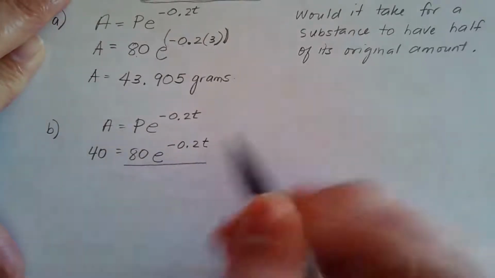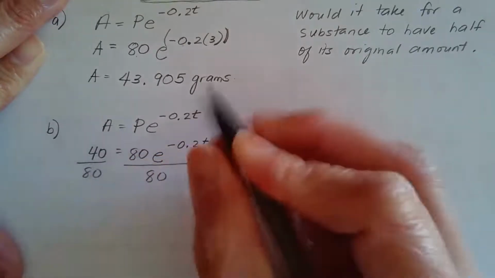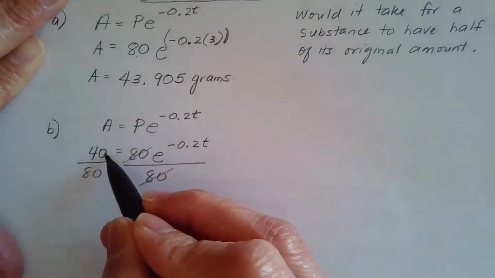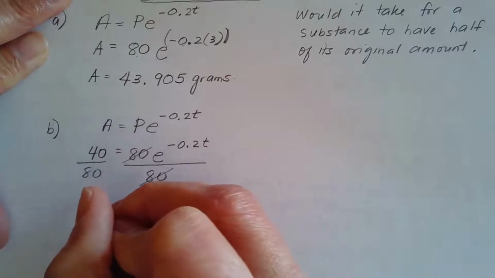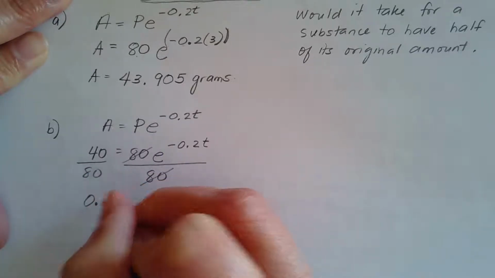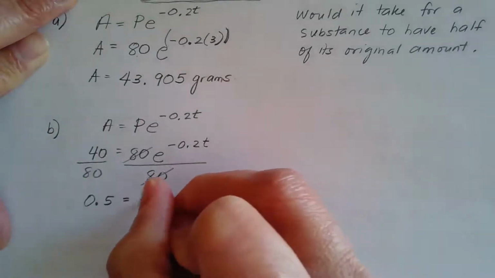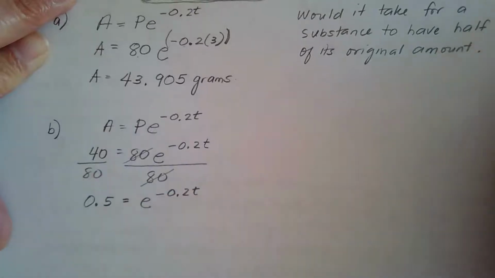Again, we can divide by 80 to cancel that. So 40 divided by 80 is a half. I can just go 0.5, which is equal to e to the exponent negative 0.2 times t.